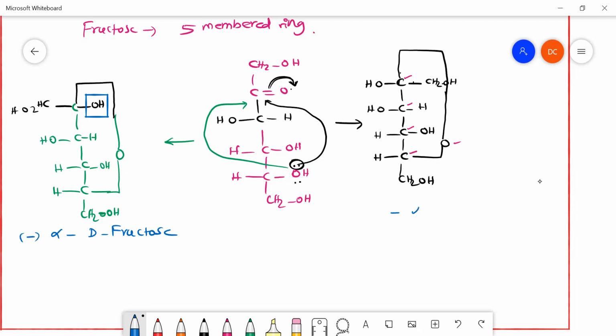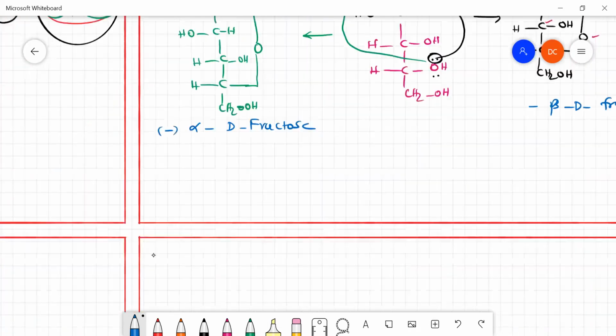Here, minus beta D fructose. Is that clear, Kana? It is very, very important. So you have to write the structure like this. Glucose consists of a six-membered ring, but fructose consists of a five-membered ring. How to write the five-membered ring structure? Let's write one by one.